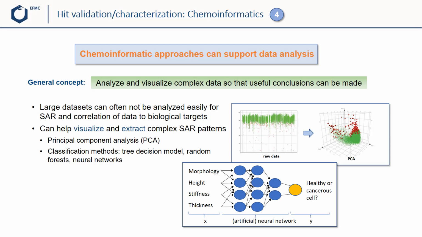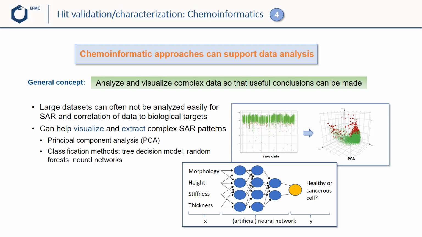In the field of hit validation, this is especially true since more and more modern high-content screening technologies are applied, generating a vast amount of complex data that needs to be properly exploited and analyzed. This is where chemoinformatics steps in and helps analyzing and visualizing the data so that useful conclusions can be made. With this, for example, an analysis of multiple endpoints can be performed to gain resolution on how compounds affect several biological aspects at the same time.